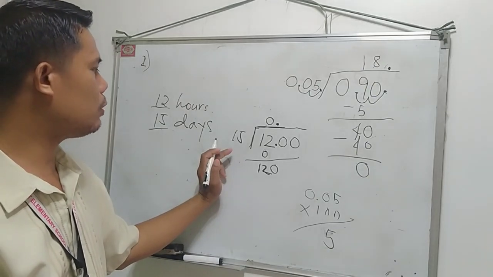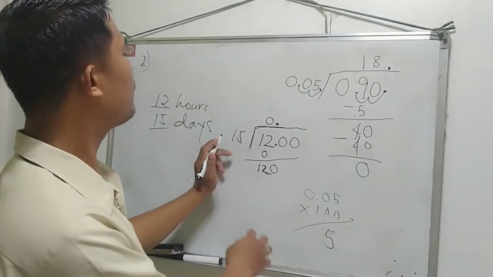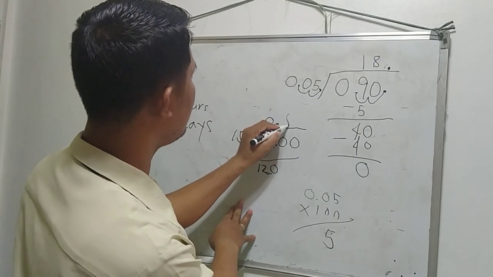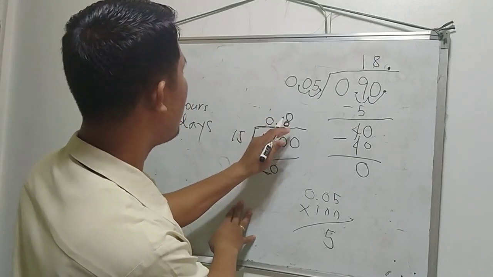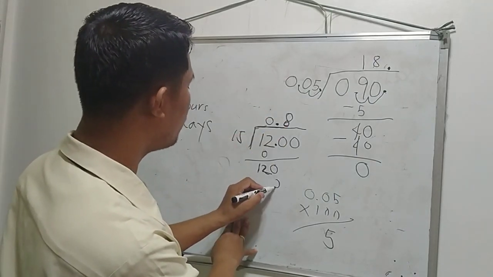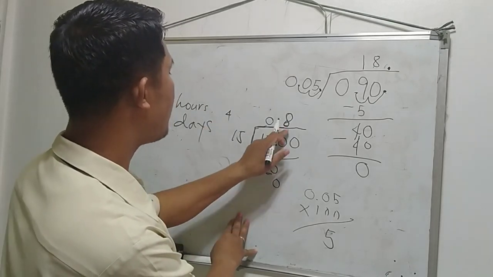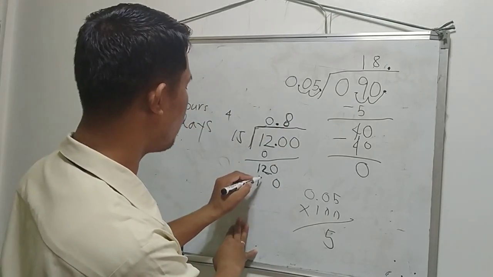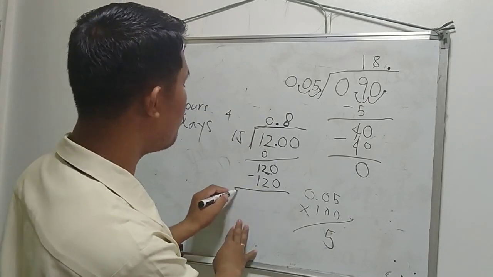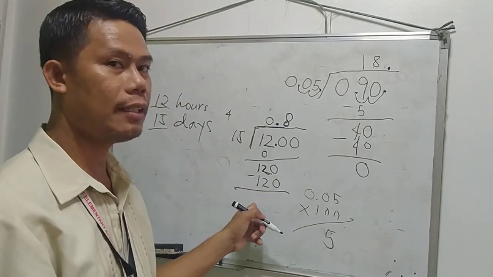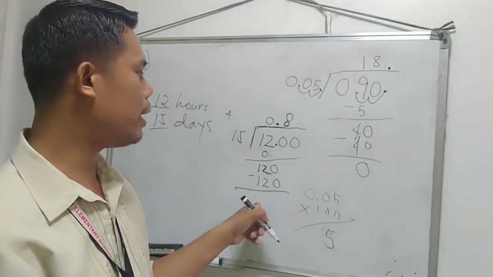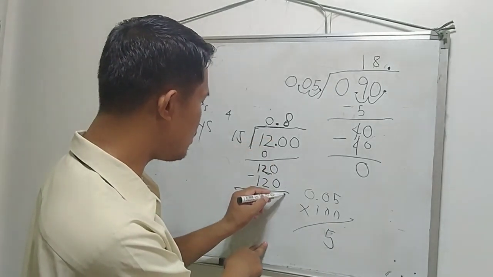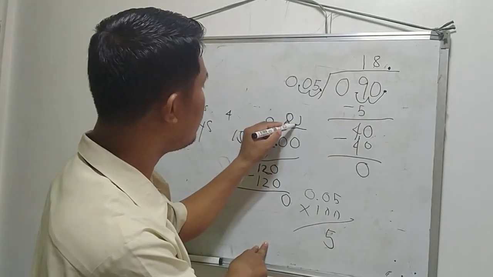If we are going to put 8, say 8 times 5 equals 40, carry 4. 8 times 1 equals 8 plus 4 equals 12. So, yan. So we have 120 minus 120 equals 0. So we have remaining 0 here. We're going to put it here.